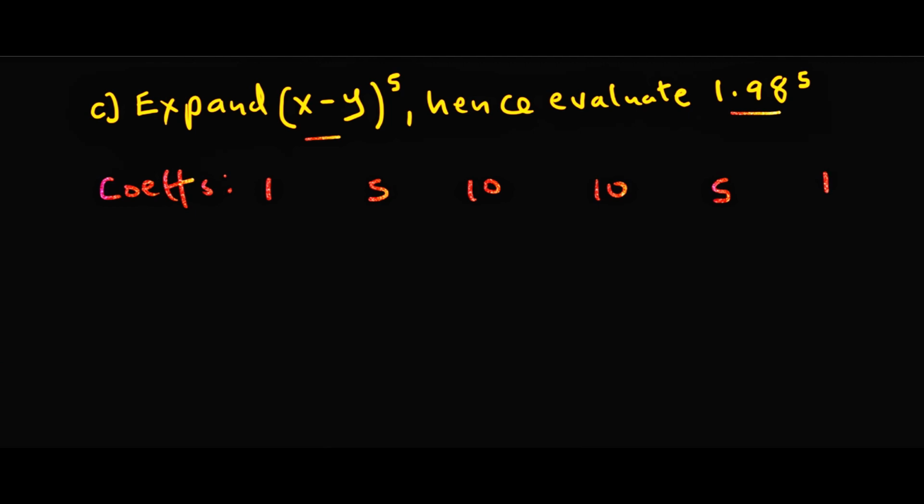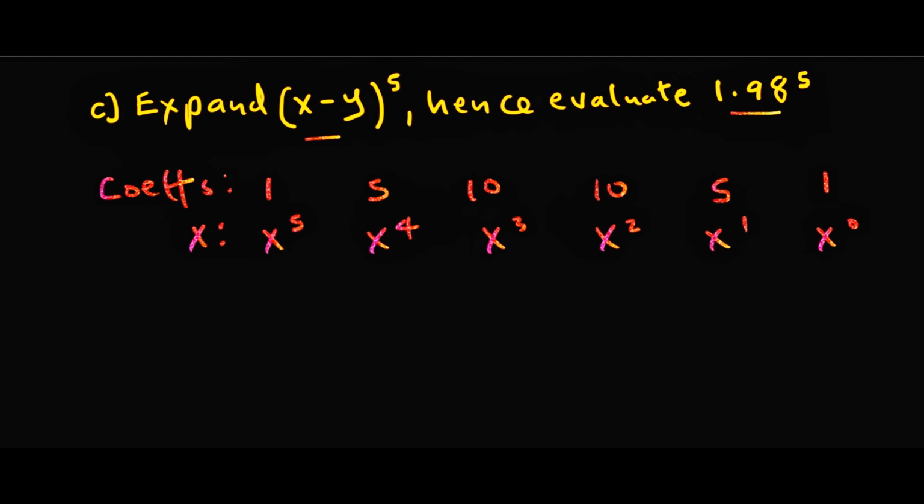So the other one is to check how the powers of x change across the expansion. So it will decrease from power 5, power 4, power 3, power 2, power 1, and power 0.